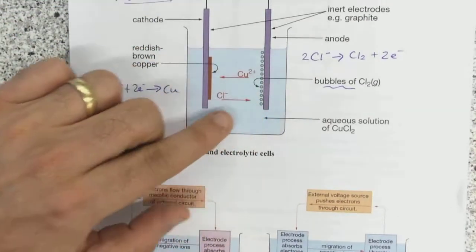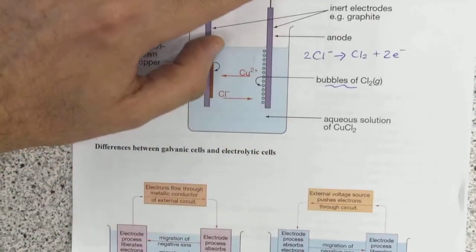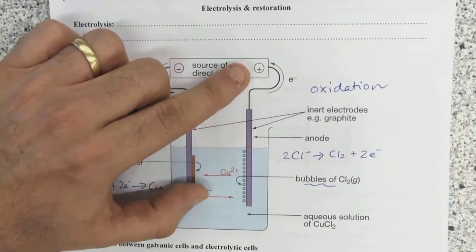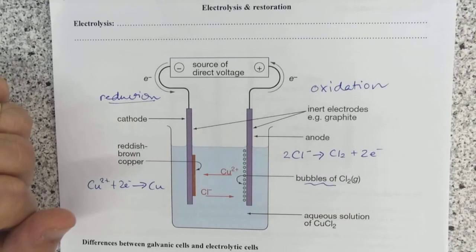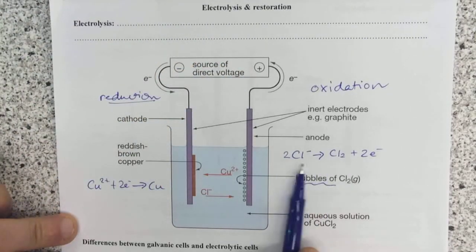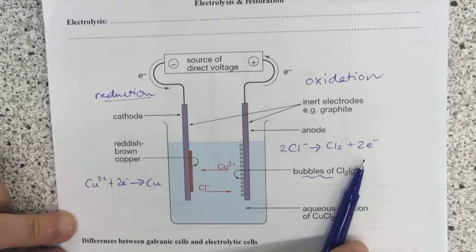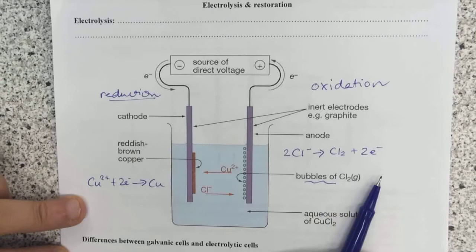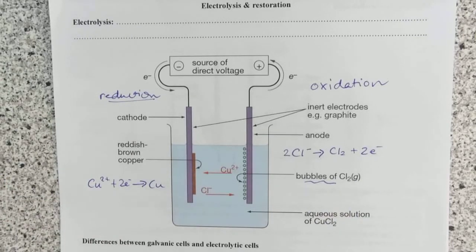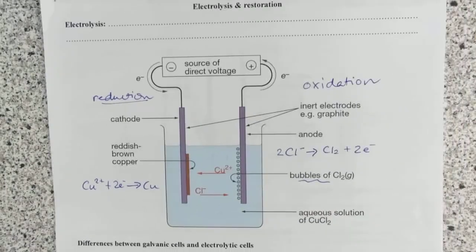If you think about it, the negative ones are always attracted to the positive anode, and if it's negative, that means it's got too many electrons. It won't be reduced, it'll be oxidized. So even if you forget the rules, you can think about it and it'll come back to you. It's logical, it's common sense.